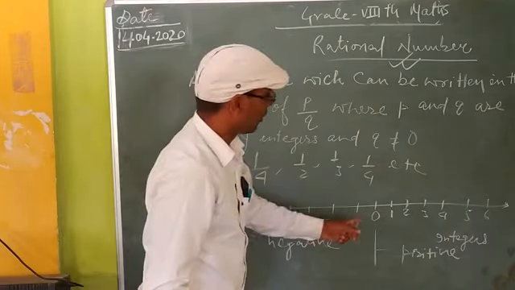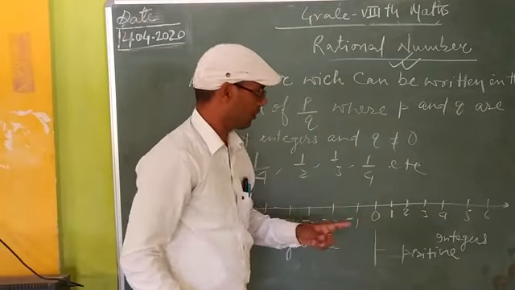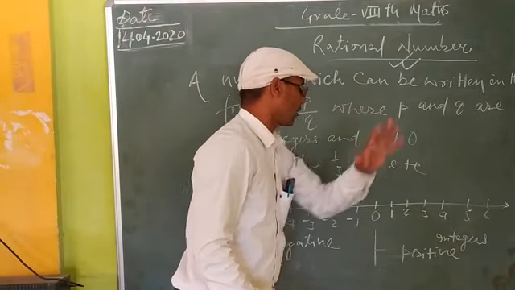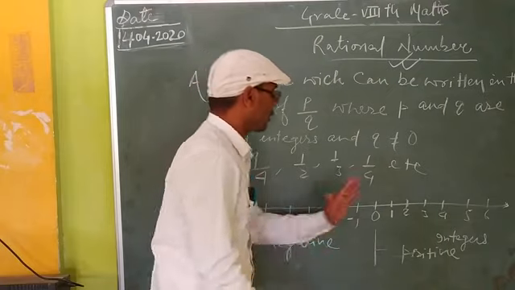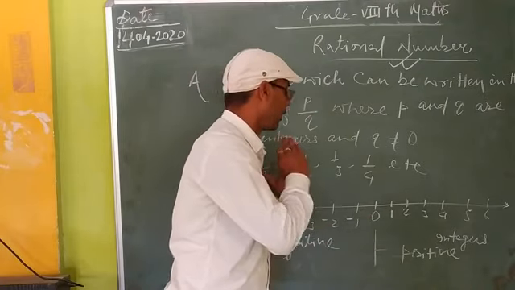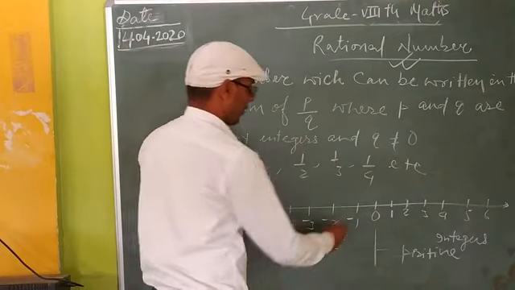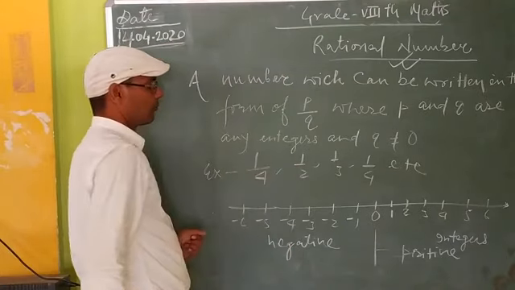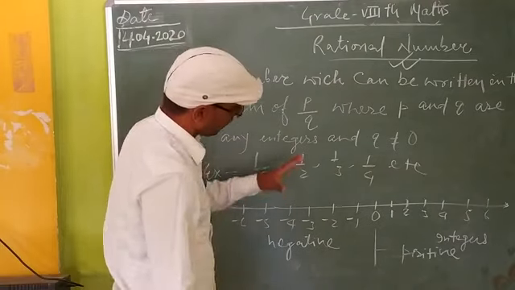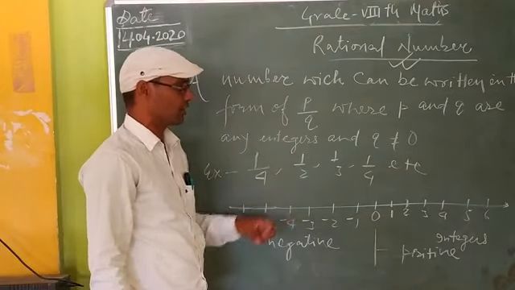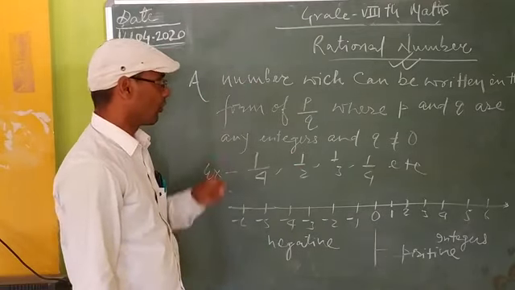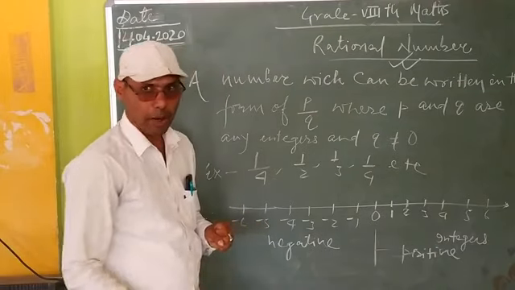You know counting numbers very well: 1, 2, 3, 4 are natural numbers, including 0 we can say whole numbers, and on the left side of 0, all are negative integers.